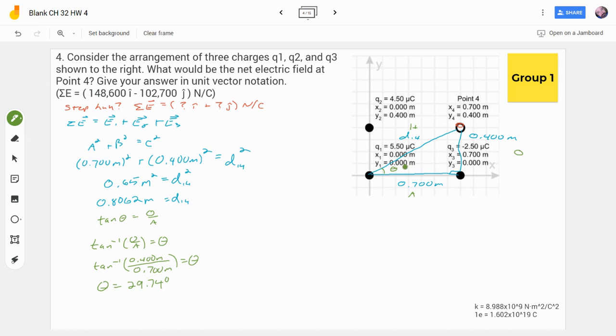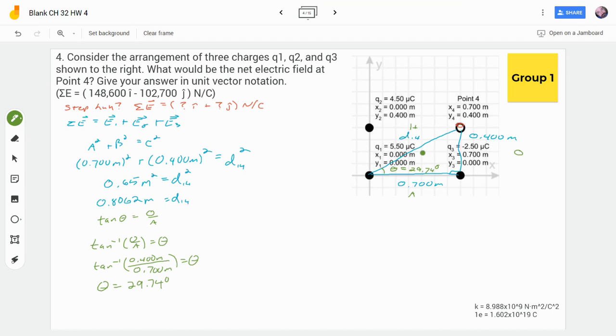So that's the angle right in there. Notice 29.74 is less than 45, and my angle looks like it's less than 45, so I'm happy about that. 29.74 degrees, yeah, that makes sense. So that's a good check that I've done my trig correctly.